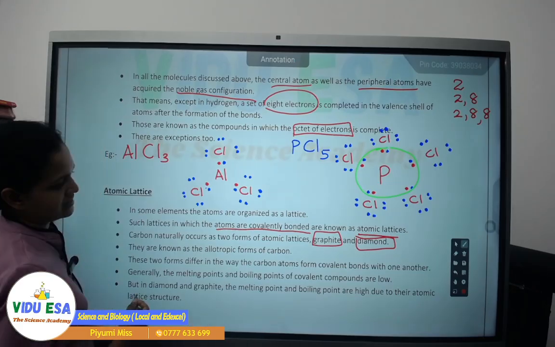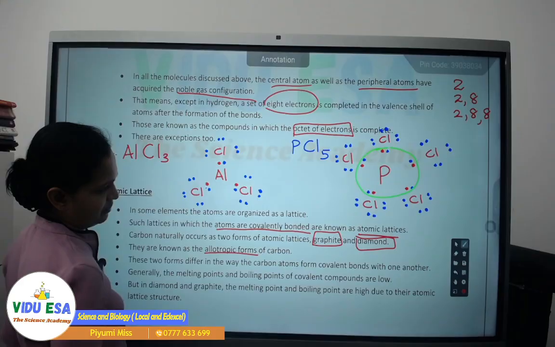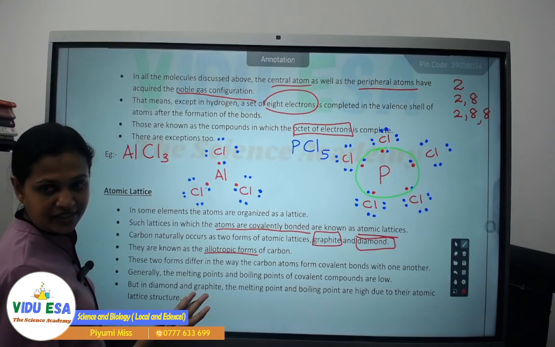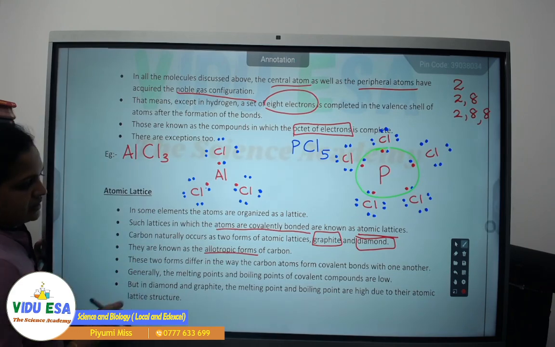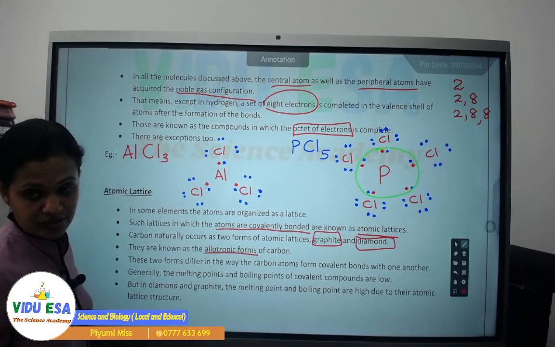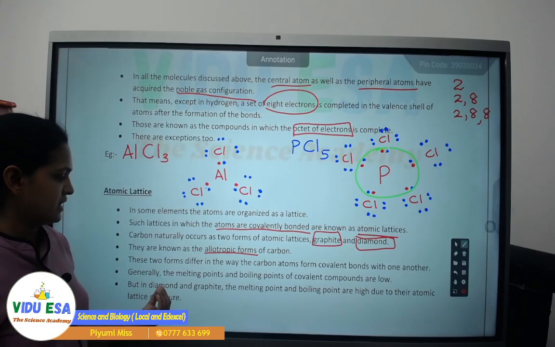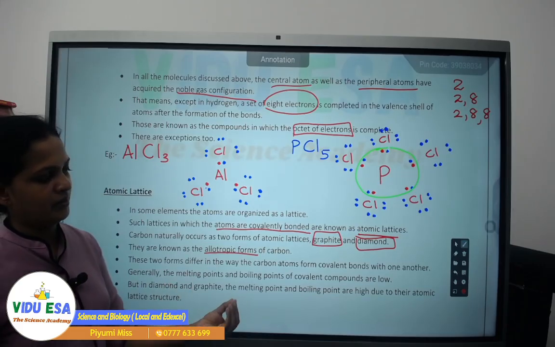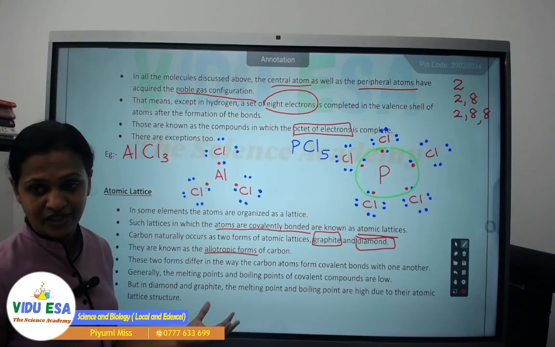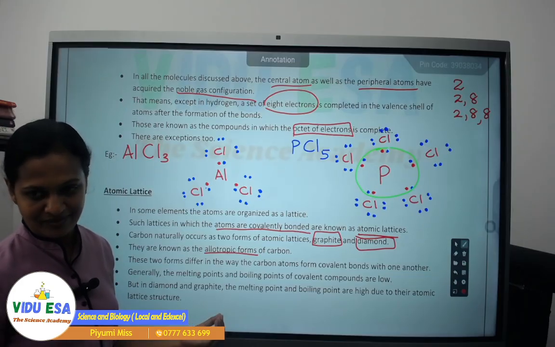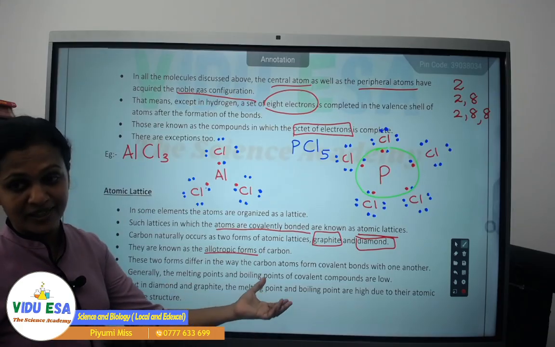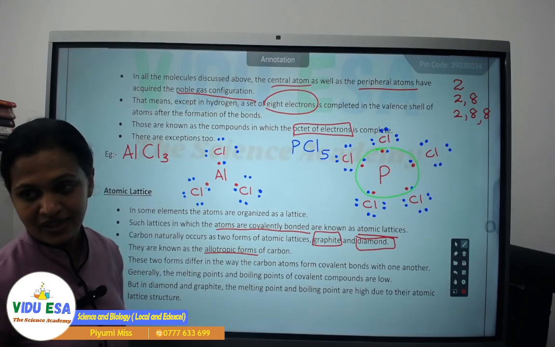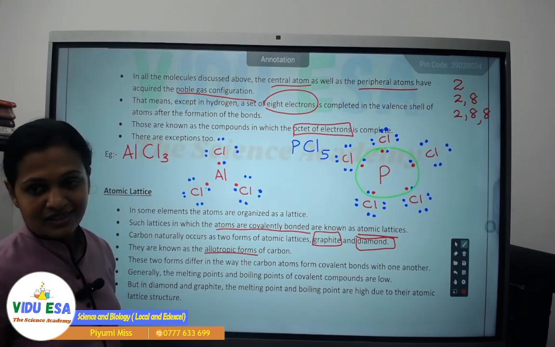They are known as the allotropic forms of carbon. In addition to graphite and diamond, there are some other forms as well. These two forms differ in the way carbon atoms form covalent bonds with one another. We'll see the difference. The melting points and boiling points of covalent compounds are very low normally, but in the case of diamond and graphite, the melting points and boiling points are high due to the atomic lattice.